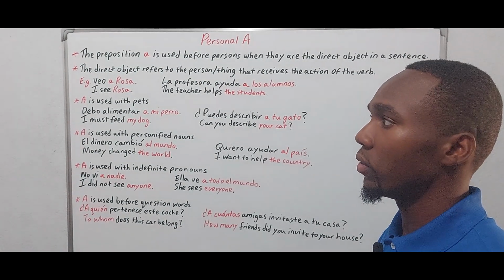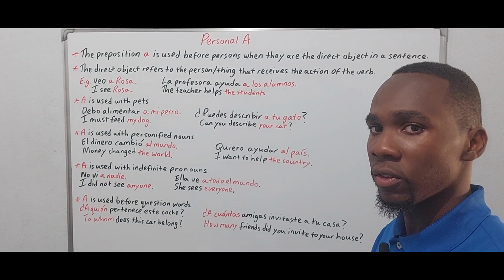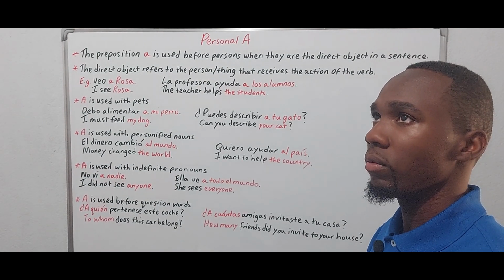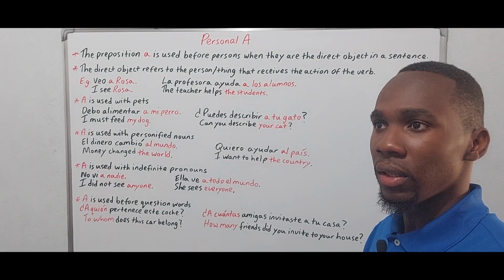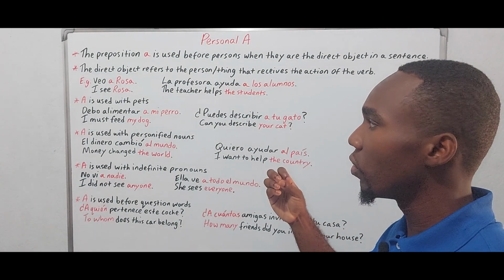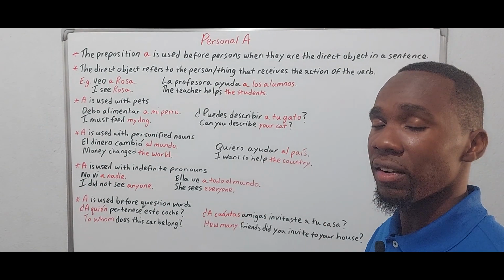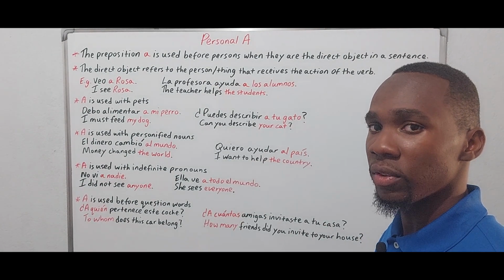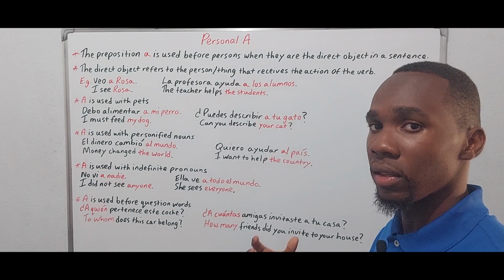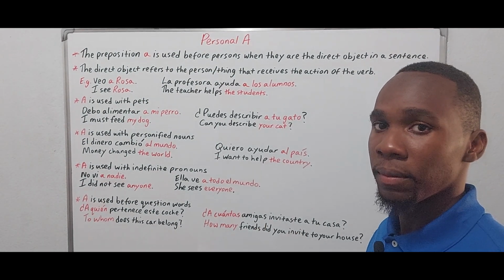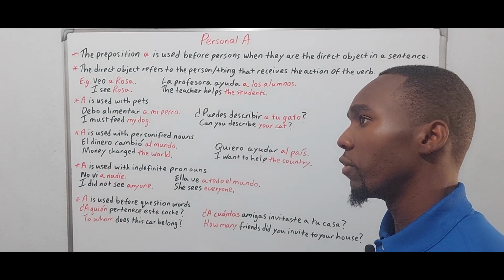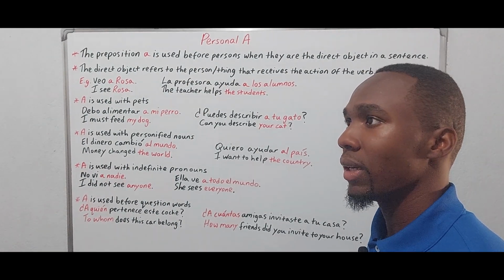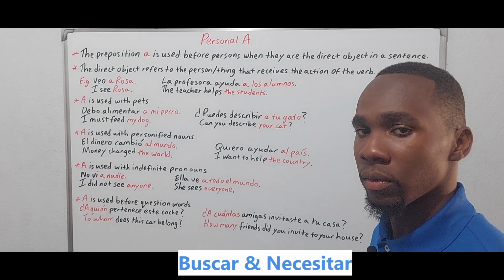Another point to note, there are certain verbs where, even though a person is a direct object, sometimes you're going to see that the personal a is omitted, right? So verbs like buscar and necesitar.